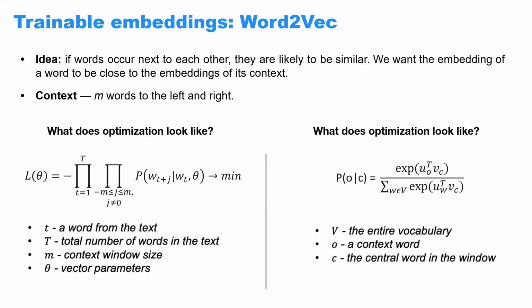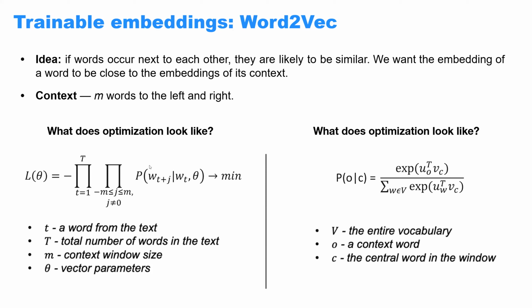So we have a lookup table where, for example, for the word cheese we have one vector, and for the word cat we have another vector. When we see a word in our text, we just pick the exact vector from our lookup table, from our dictionary.